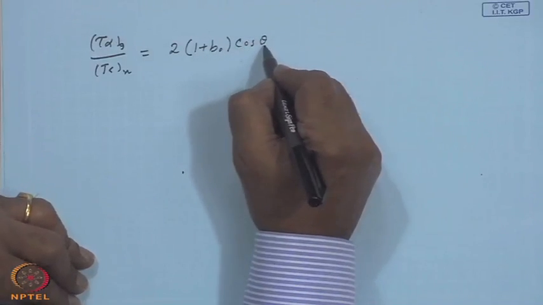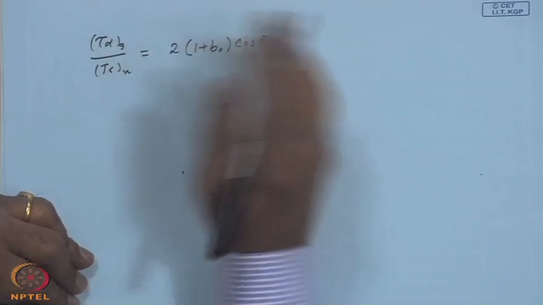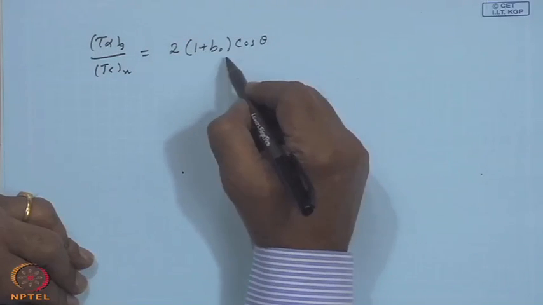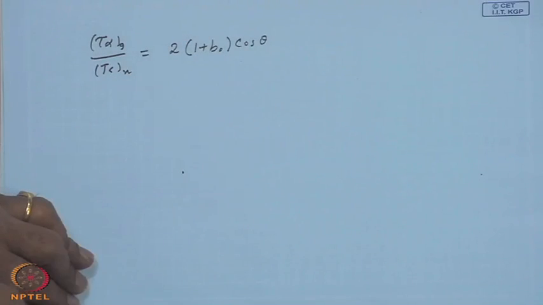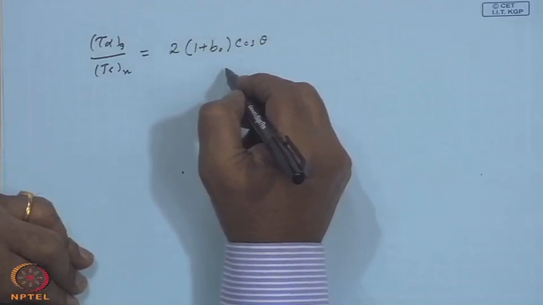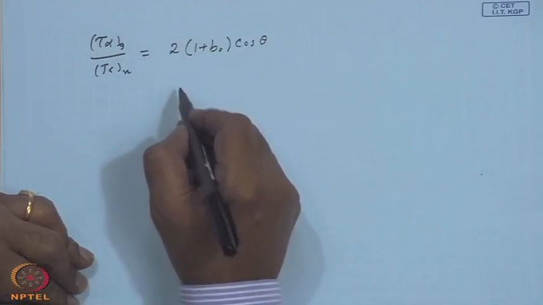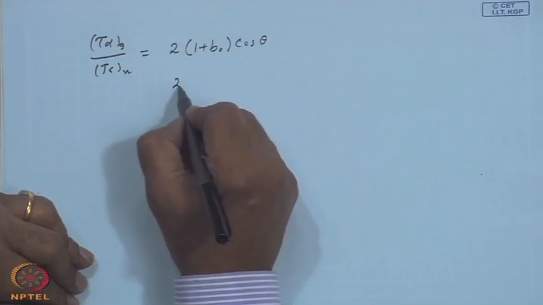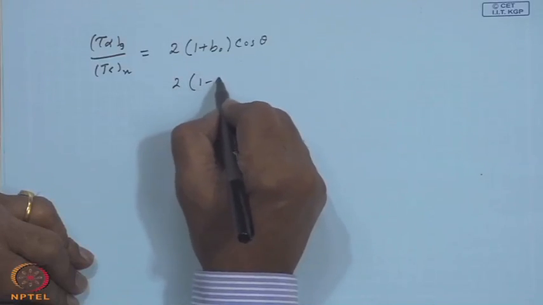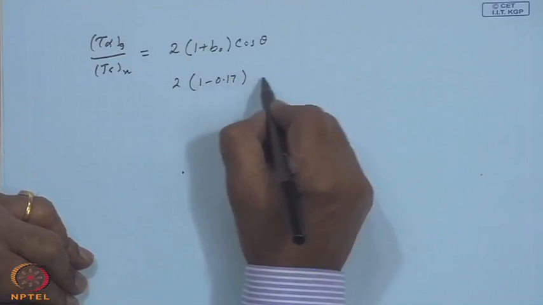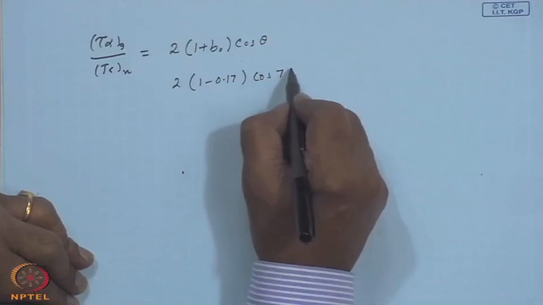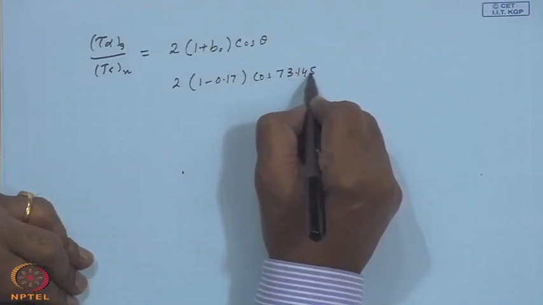This is nothing but, at theta equal to pi by 2, this will be 0, and at theta equal to 60, it coincides with the previous relationship. So, this is 2 into 1 minus 0.17 into cos 73.148.